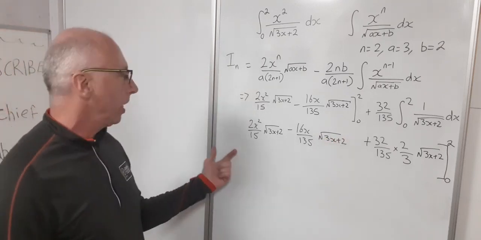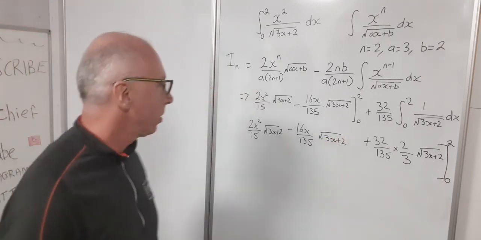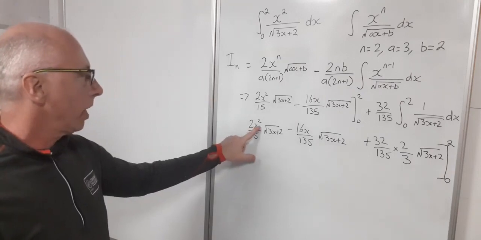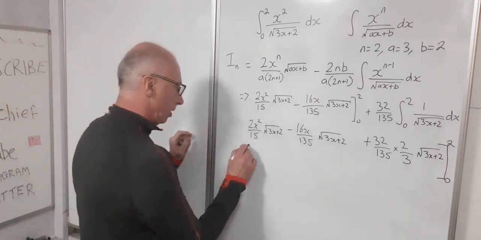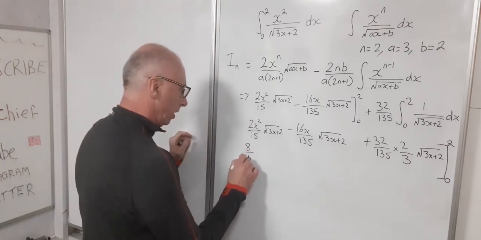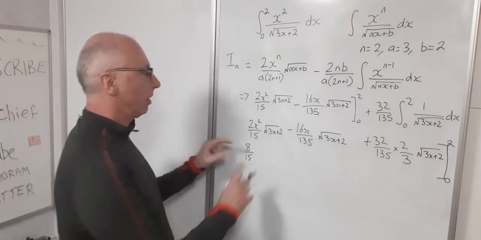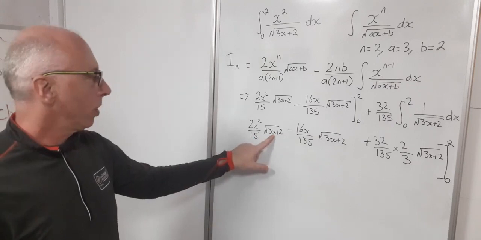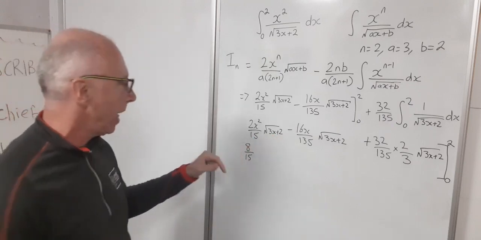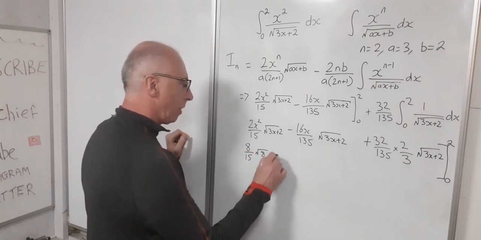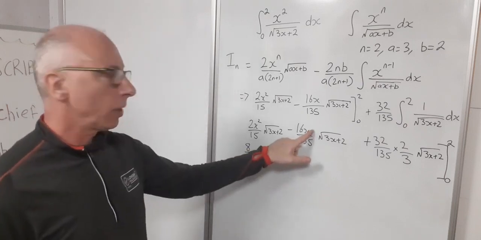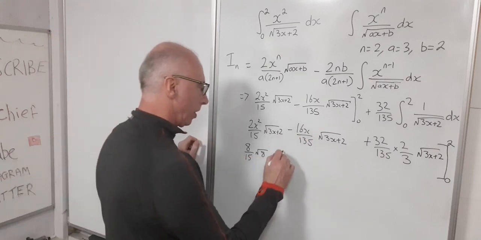Okay, well, let's evaluate it at 2, plug in our values, see where that takes us. So 2 squared is 4, so that's going to give us 8 over 15. Square root of this, x is 2, so 3 2s are 6 plus 2, that gives me 8. So that's square root of 8. And then minus x is 2, that's 32 over 135.